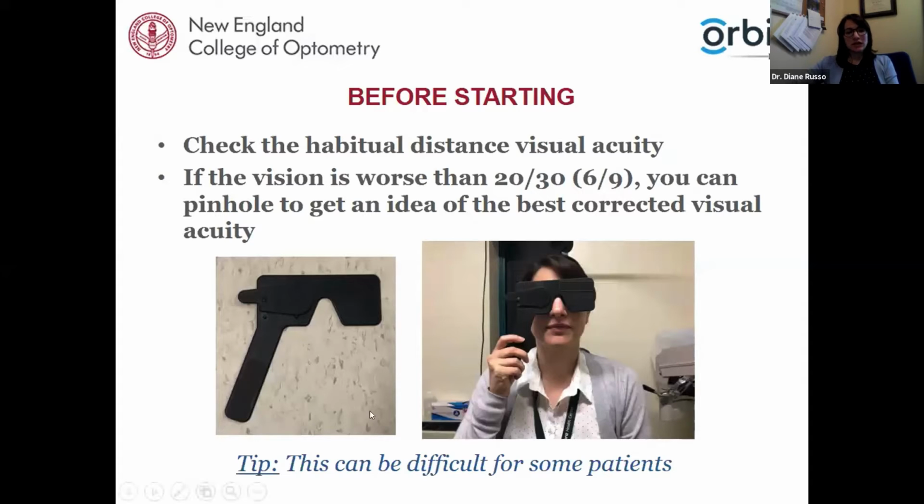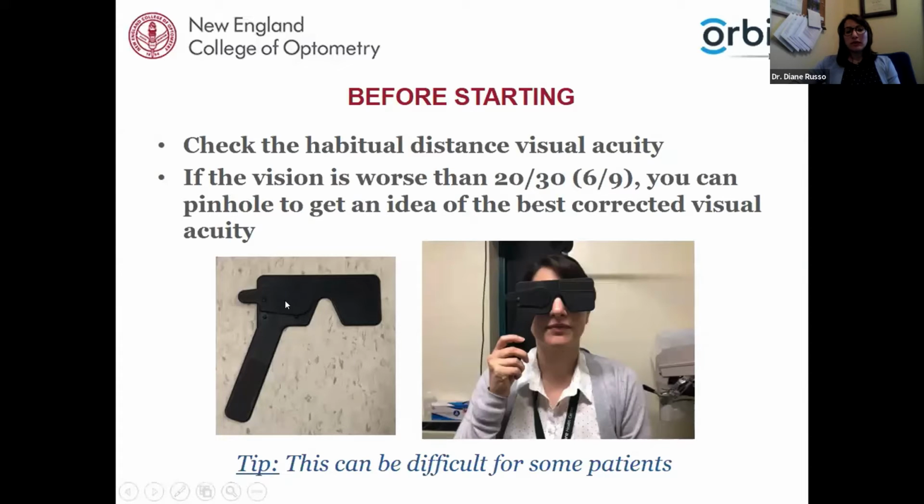And so you can see here, I have an occluder with the pinholes that slide down over the open ocular, and this is me pinholing myself. And you can see here there are multiple pinholes, and in clinical practice I have found this to be an easier pinhole occluder for the patients to use. I have a note down here, this can be difficult for some patients.